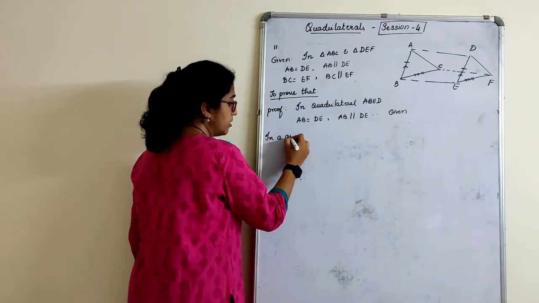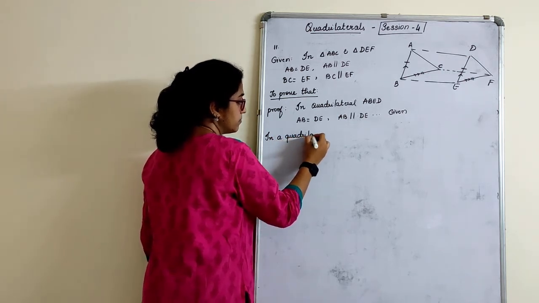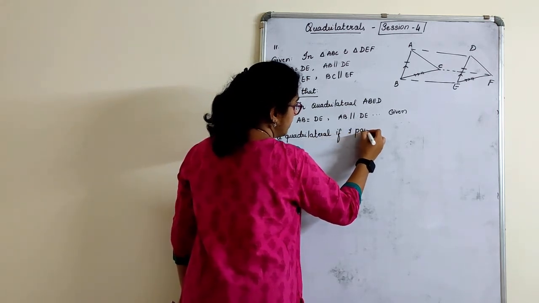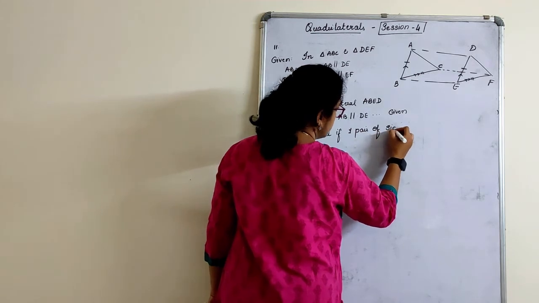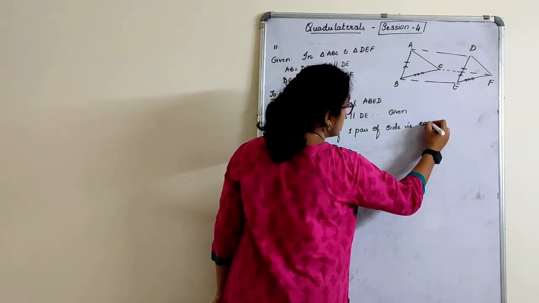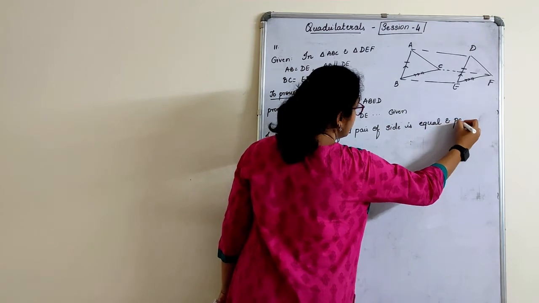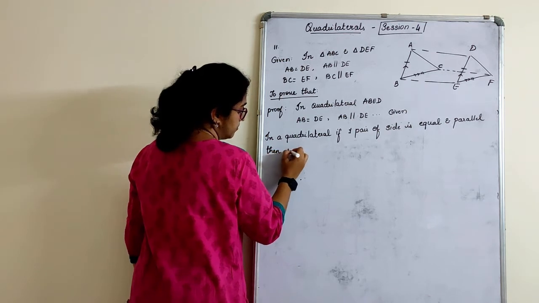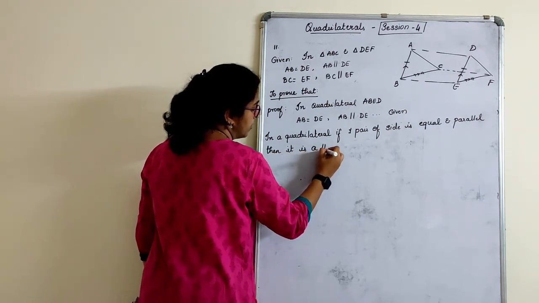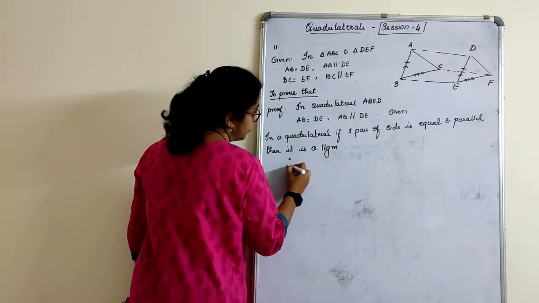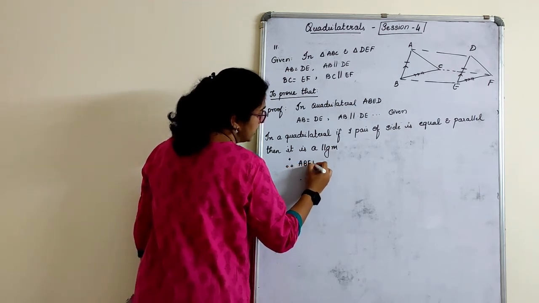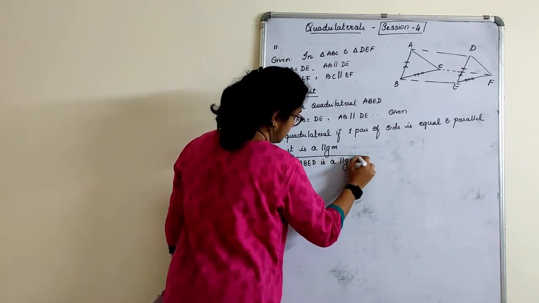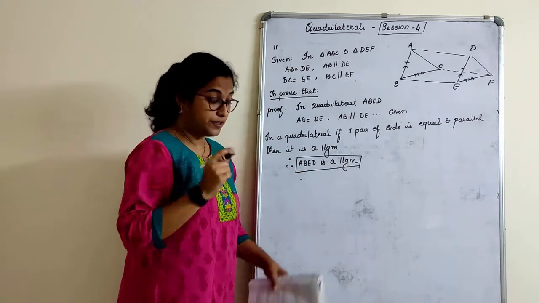In a quadrilateral, if one pair of sides is equal and parallel, then it is a parallelogram. Therefore, ABED is a parallelogram. We proved the first part.